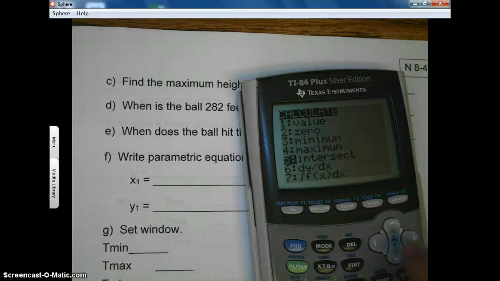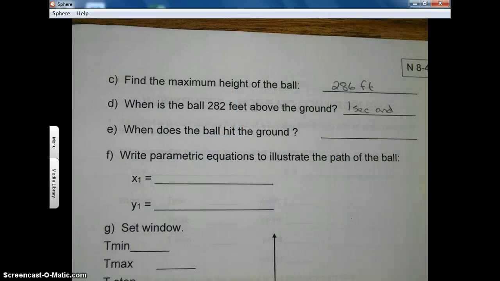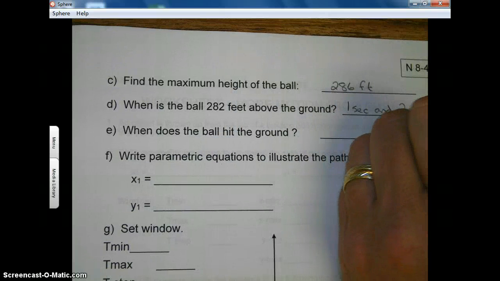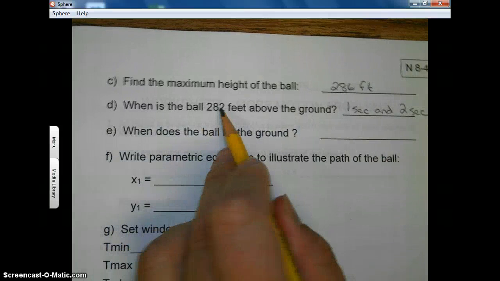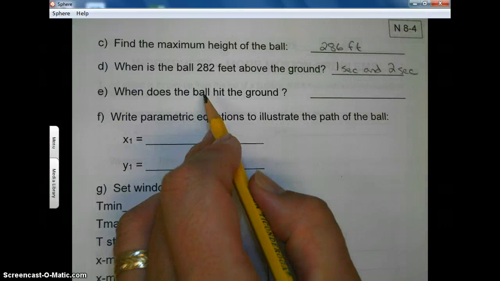We want to go on the way down, so we're going to go over by this intersection. Enter, enter, enter. And again, we're at 2 seconds. So at 1 and 2 seconds, the ball is 282 feet above the ground. When does the ball hit the ground?